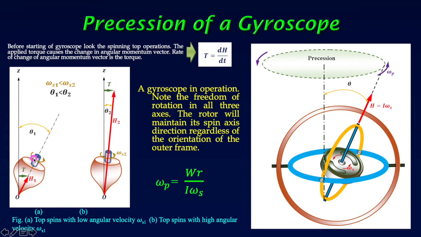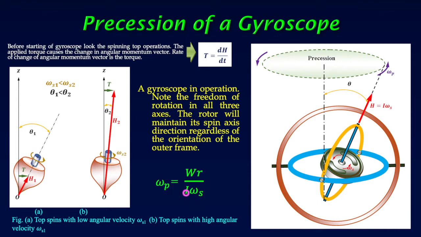Then consider two different situations. We know the relation between omega p and omega s, where omega p is the precessional angular velocity and omega s is the spinning angular velocity.